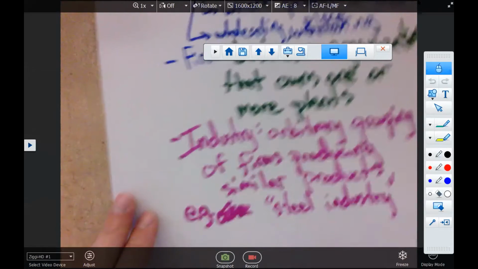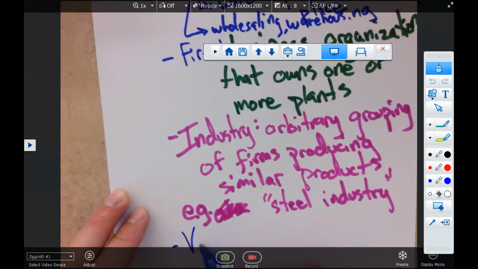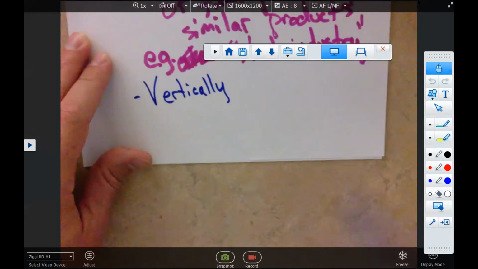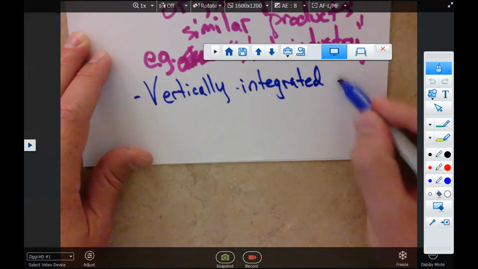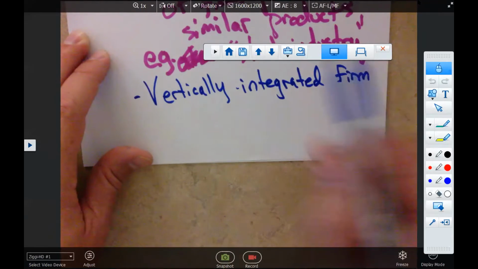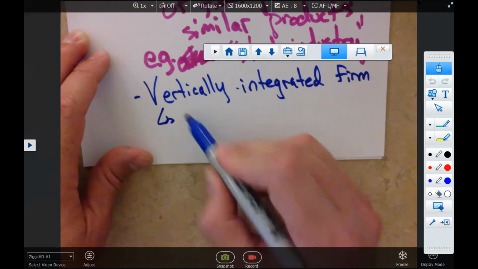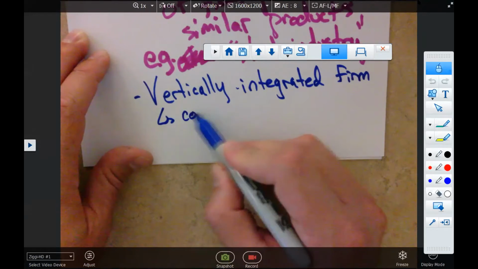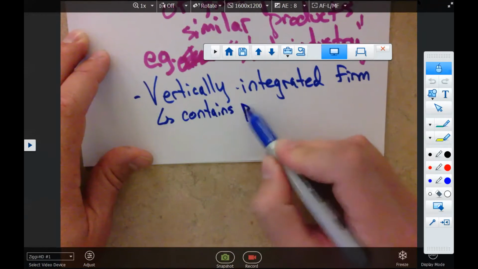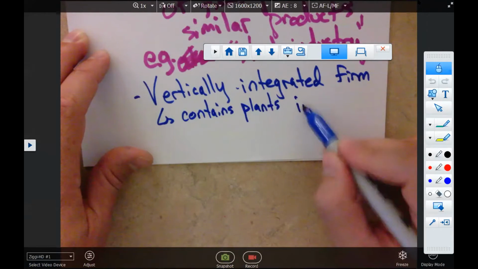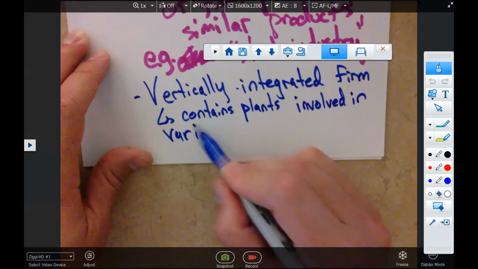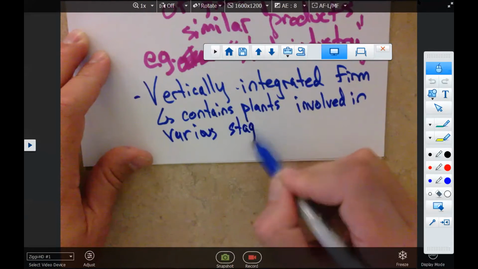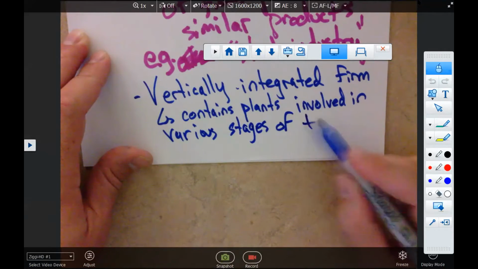And then the last one is a vertically integrated firm. So this contains plants involved in various stages of the production process.